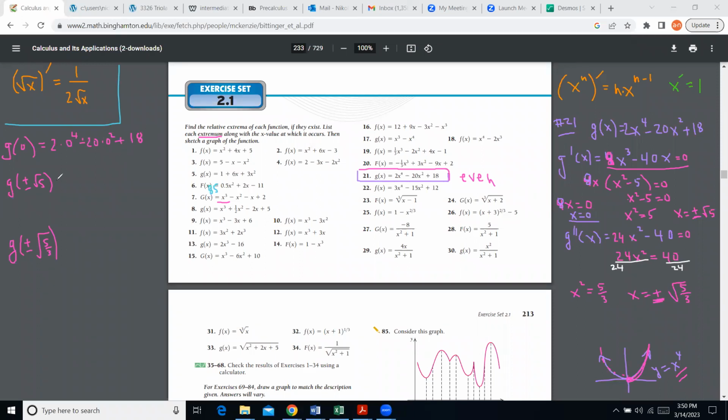And that feels great. The next one, I need to plug into this function square root of 5. I'm not going to put plus minus. I just try to show you that the result is going to be the same, no matter if we have it positive or negative. So I go with 2 square root 5 to the 4th.